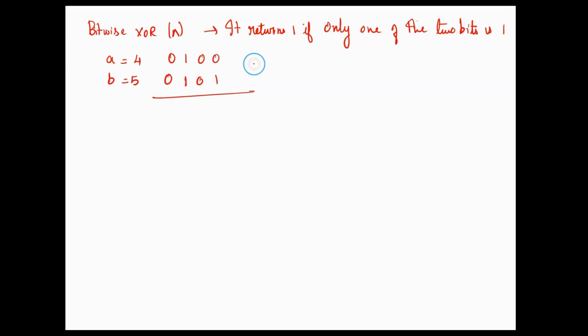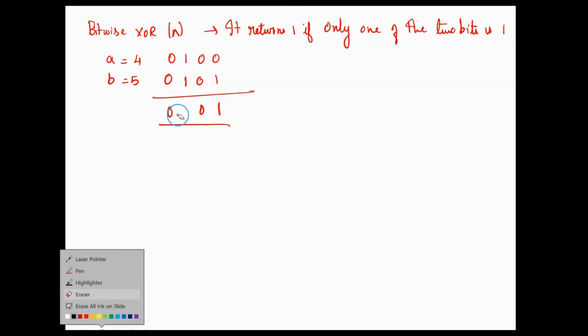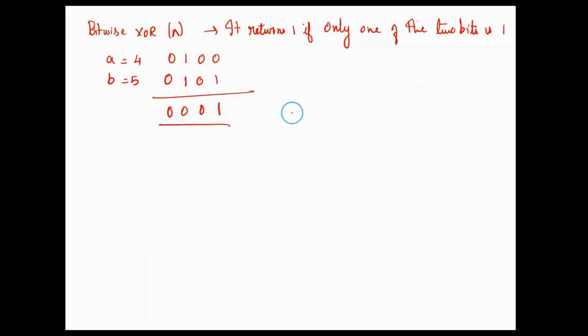That means one of the two bits must be 1; then only it is written as 1. If both the bits are 1, it returns 0. So we get 0001, which is equivalent to 1 in decimal.